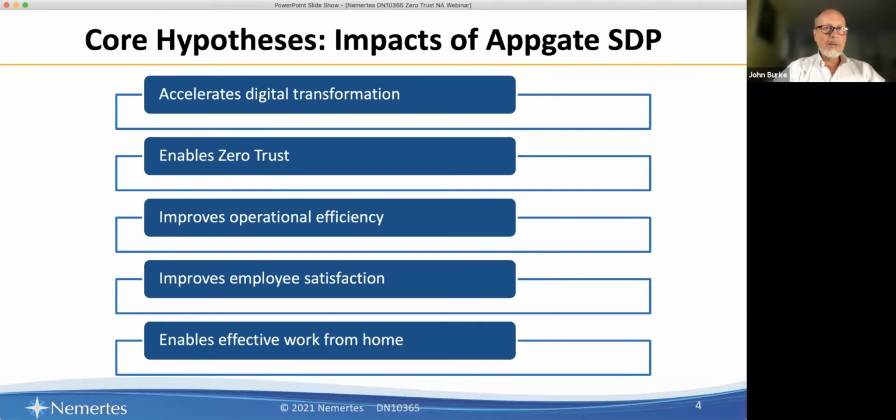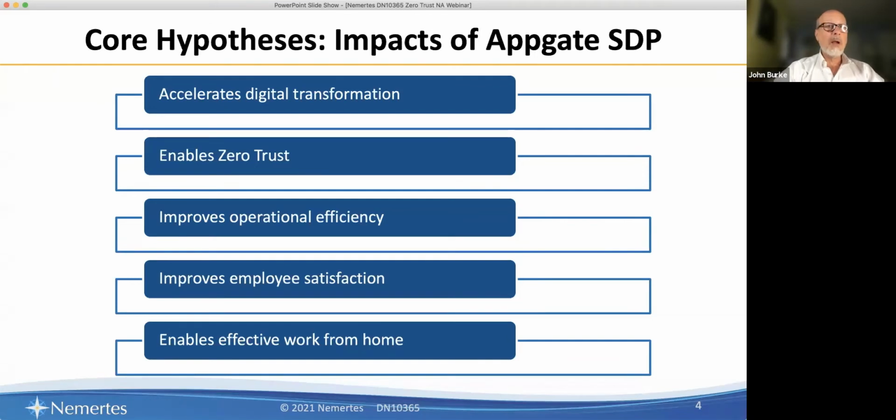So we developed hypotheses around the idea that deploying Appgate would make it possible for more people to work from home, would make it more effective for people to be working from home, or make it easier for people to be working from home, for example, and that would improve employee satisfaction, making the process easier, making it work better for them in different places, should make them happier.